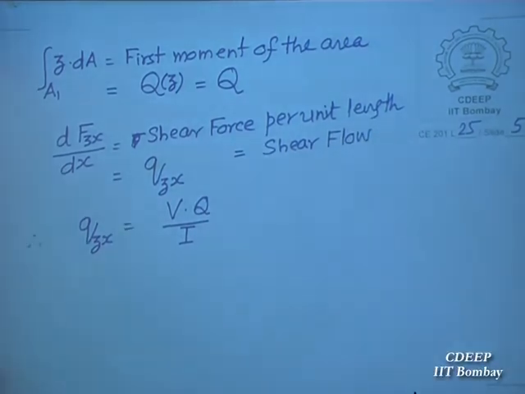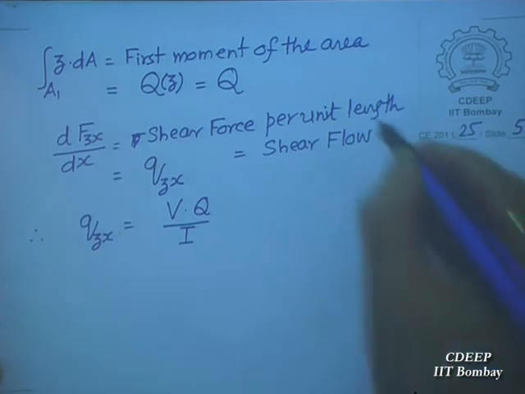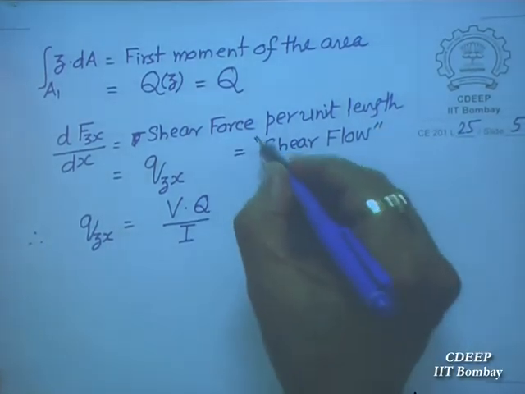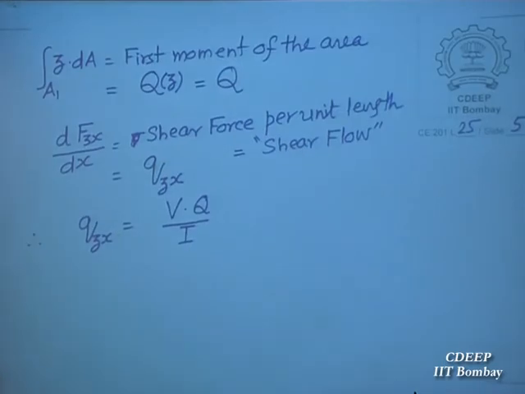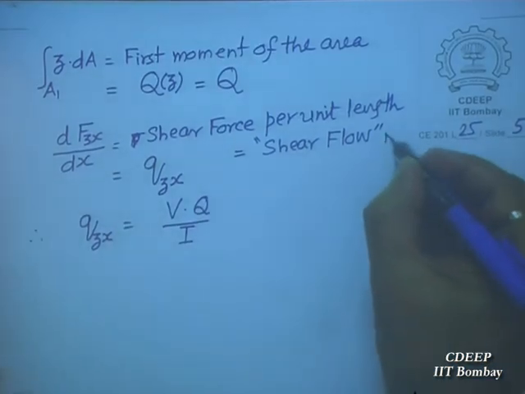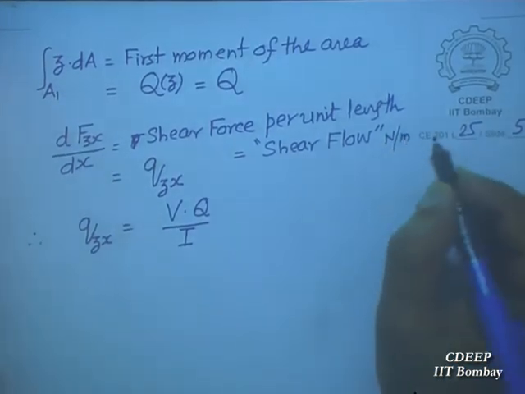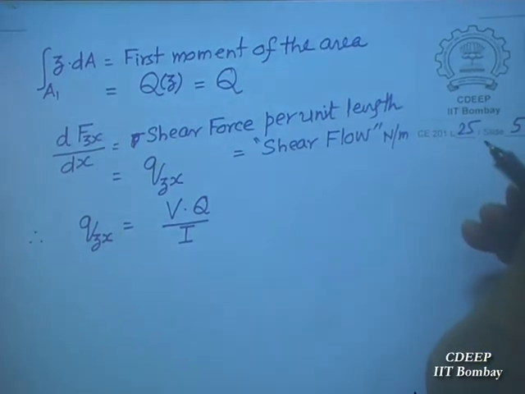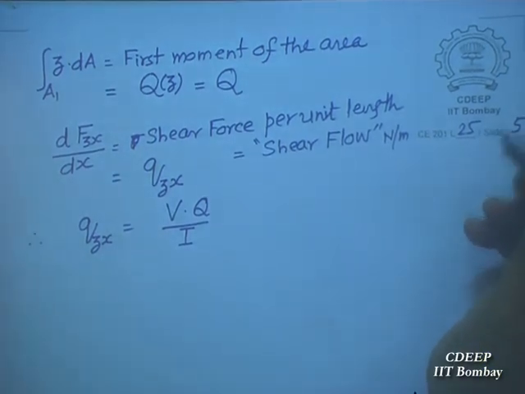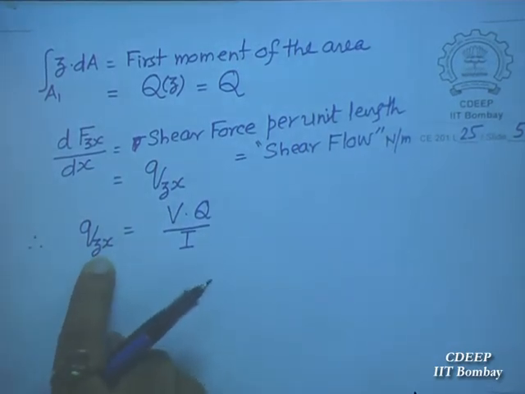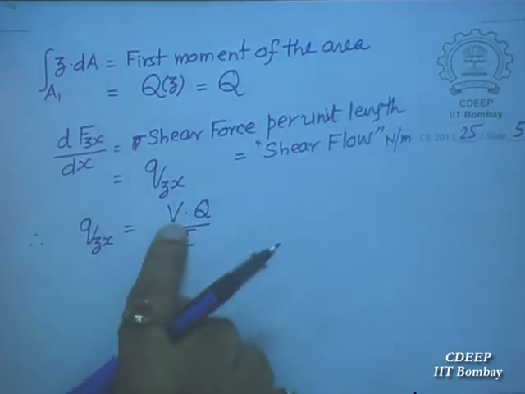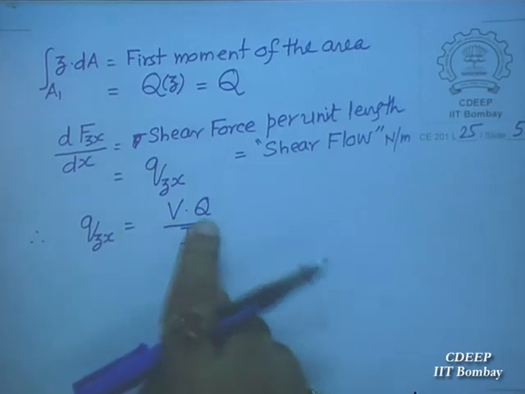Shear force per unit length is called shear flow, not shear stress. Its unit is newtons per meter. So shear flow at a distance z from the neutral axis is given by a simple formula, Vq by I.